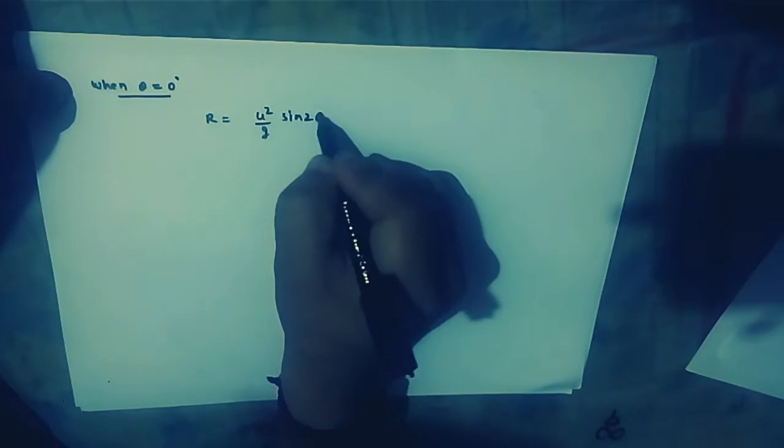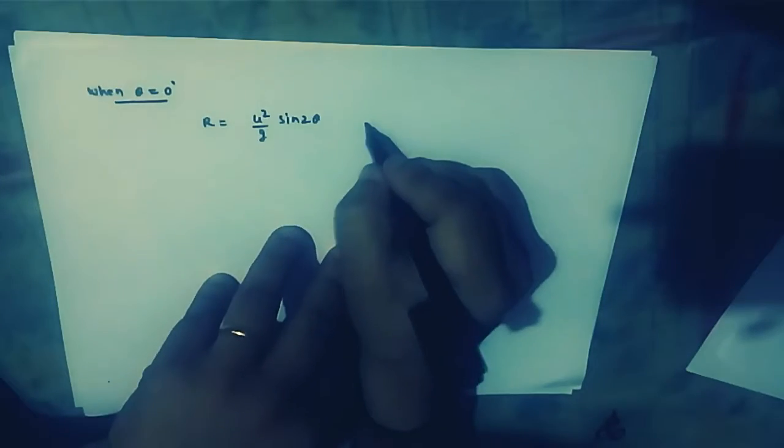Now there are some special cases that we can apply here. One of the special cases is when theta is 0 degrees, suppose. So what is range? Range here is u square by g sin 2 theta, as we have calculated, right?